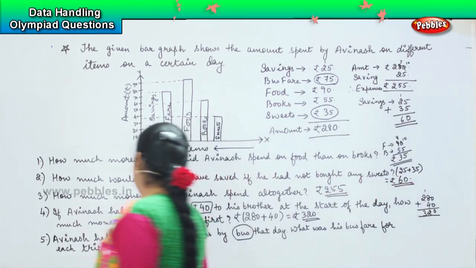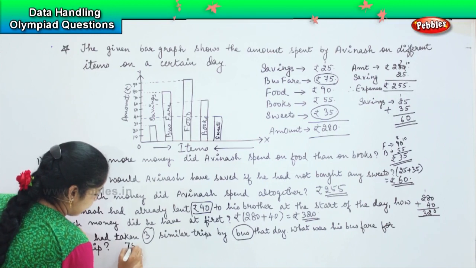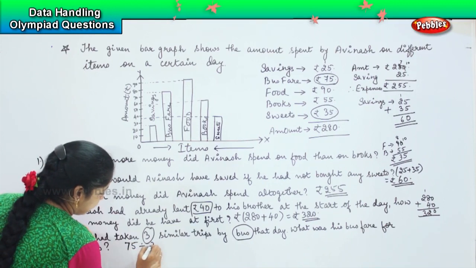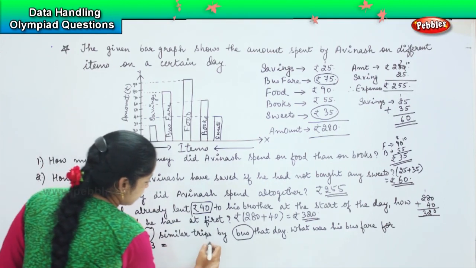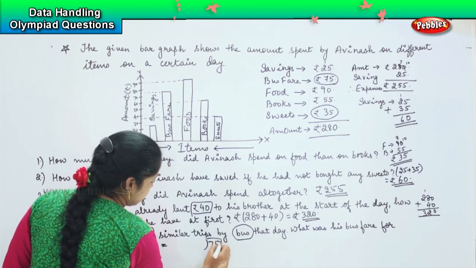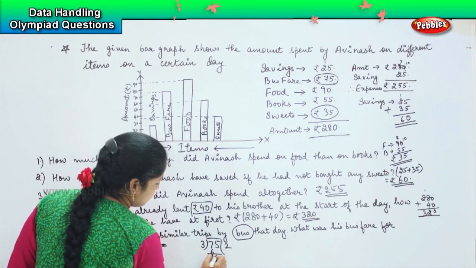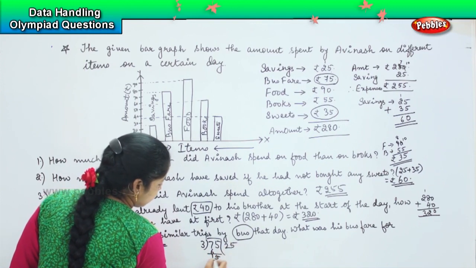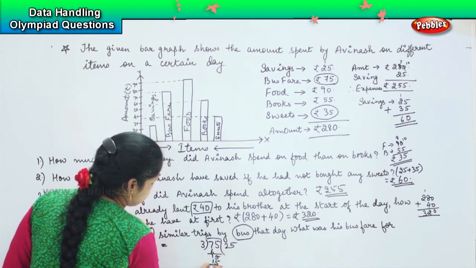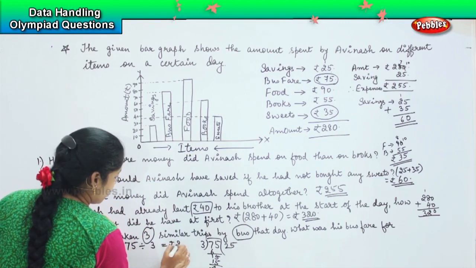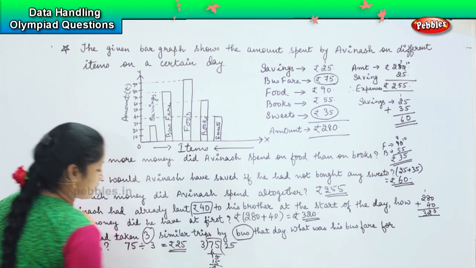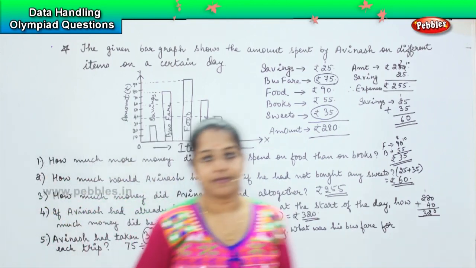So it will be 75 divided by 3. If we divide 75 by 3, 3 into 2 is 6 and 3 into 5 is 15. So he had spent 25 rupees each time for his trip.